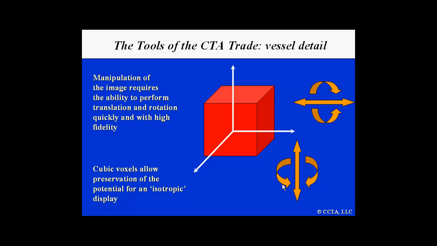That means that any manipulation I make in 3-dimensional space, the actual dimension of movement is the same no matter which direction I look at. Thus, cubic voxels allow preservation and the potential for an isotropic display, which are essential to performing adequate CT cardiac imaging definition.